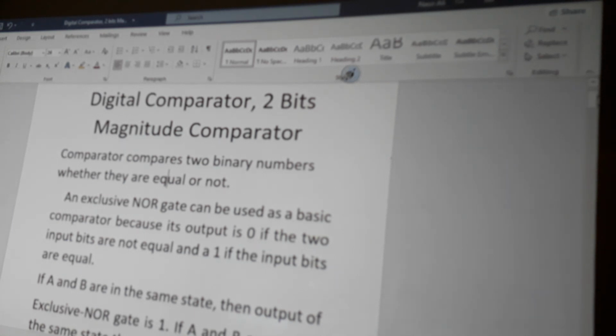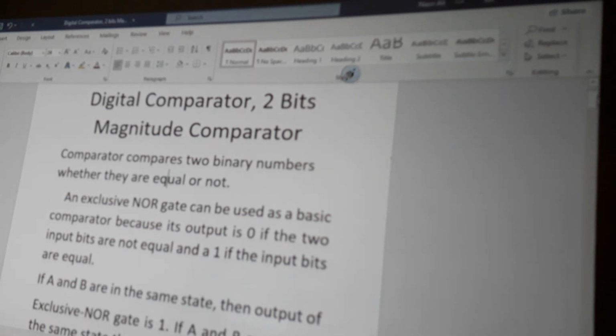Then the comparator will compare these two numbers given at the input, and at the output it will give us three values: A is less than B, A is equal to B, and A is greater than B. So this type of comparator is called the magnitude comparator.